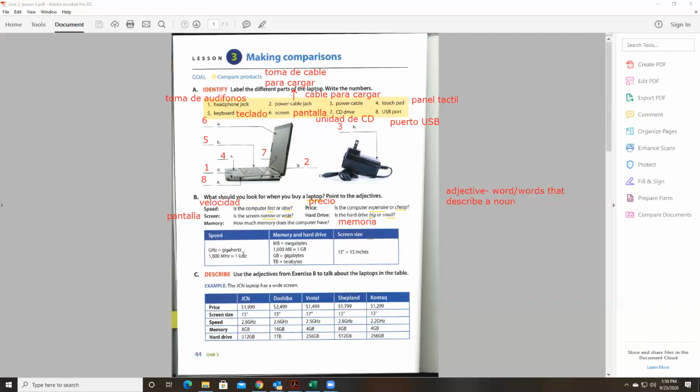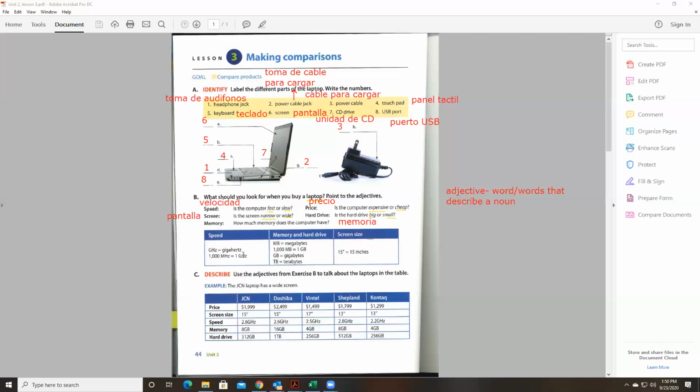Unfortunately, I do not know much about gigahertz, megahertz, any of that. For memory and hard drive, you have MB, megabytes. 1000 megabytes is equal to 1 gigabyte. And then you also have a terabyte.